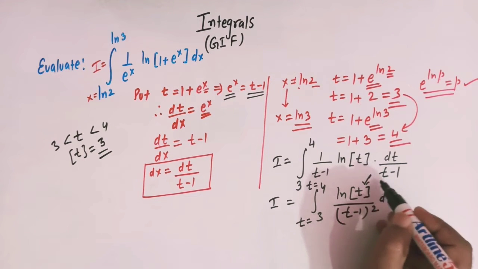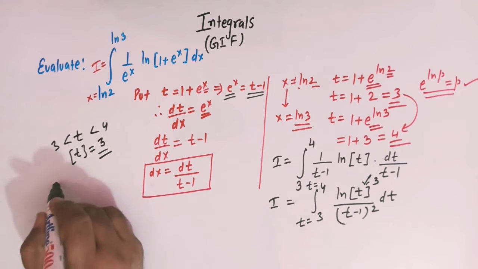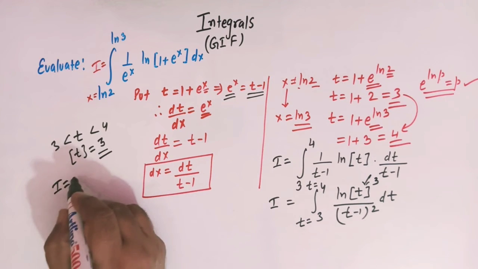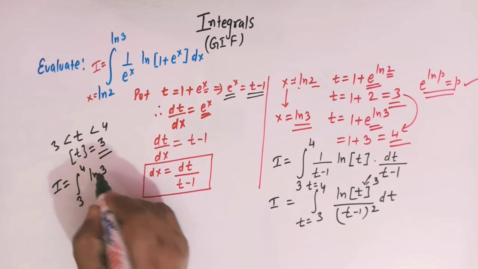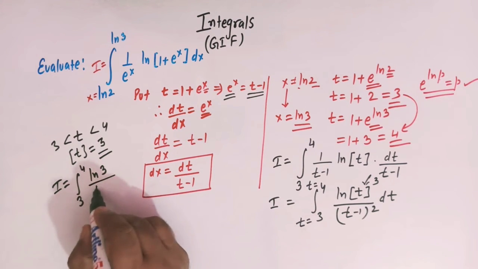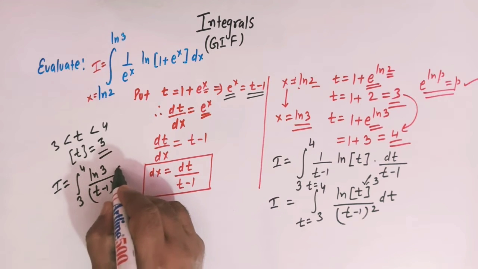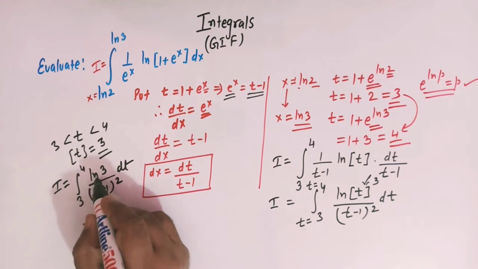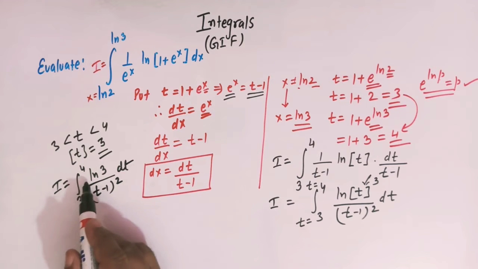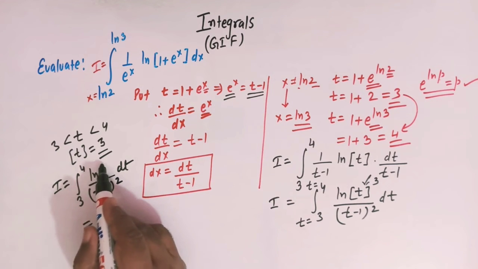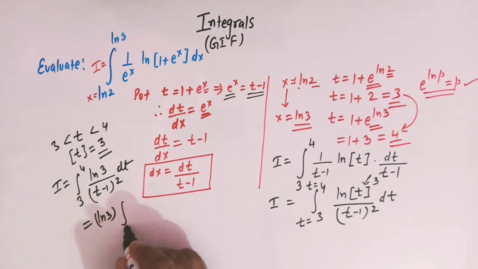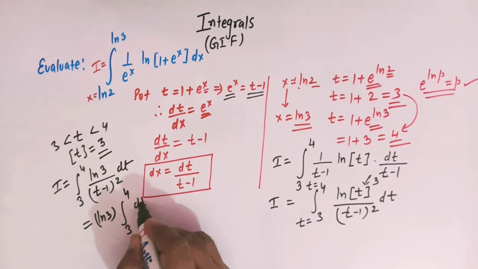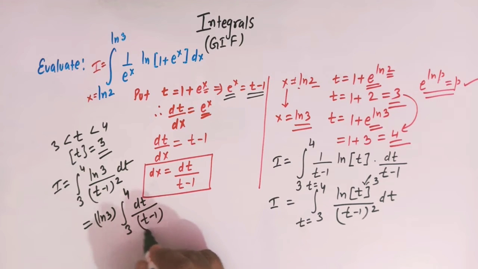So this integral I takes the form of the integral from 3 to 4 of ln 3 over t minus 1 whole square, dt, and we can take ln 3 outside the integral sign, because ln 3 is a constant. So we have ln 3 times the integral from 3 to 4 of dt over t minus 1 whole square.